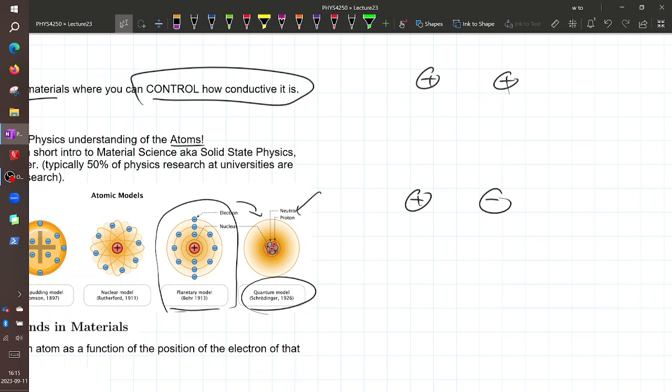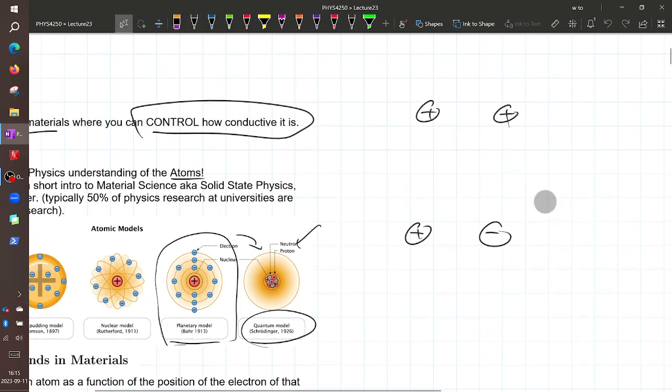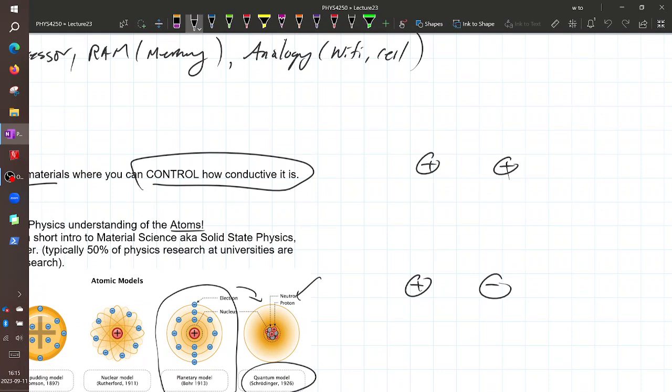I'm working against gravity to increase my energy, right? So if you have negative charge, do they tend to get pulled towards each other, or do you have to be pulling away from each other? If they're both negative. If one is positive, one is negative. Sorry, if they're opposite charge, right? So like charges will give you a positive potential energy. Basically, as these two charges approach each other, the potential energy goes to infinity.